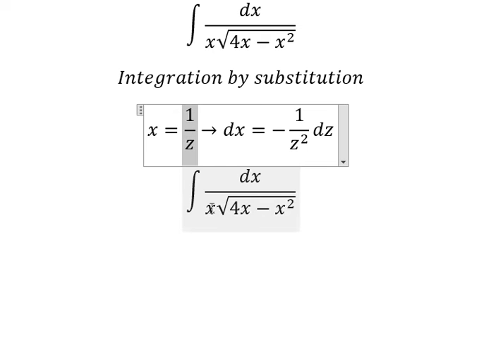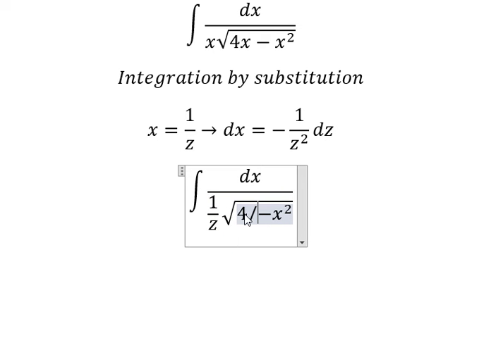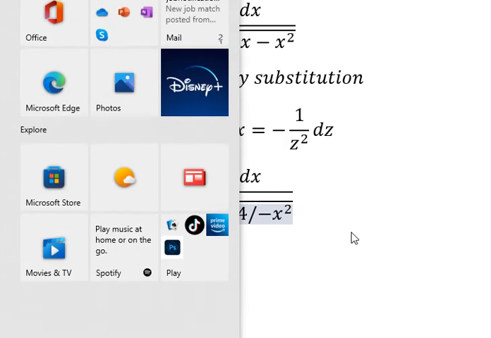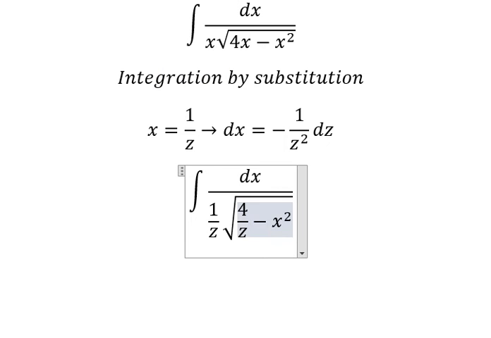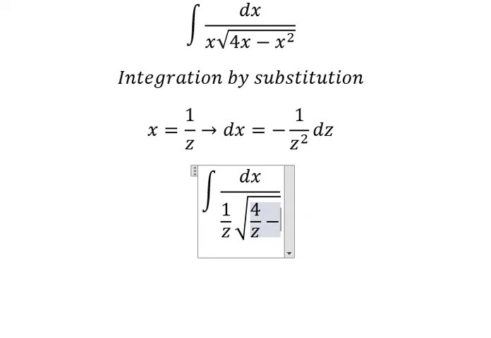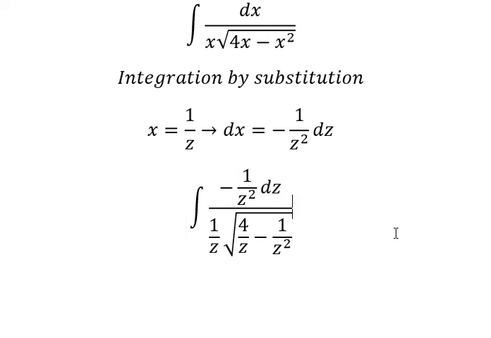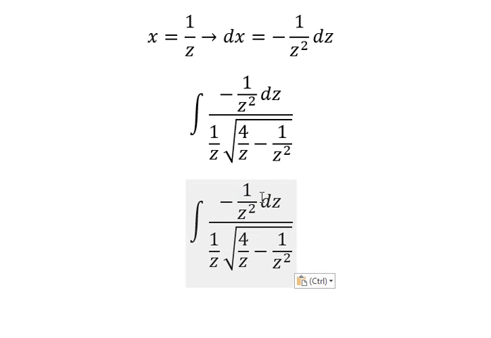So this one I will change for x. About the x, we change by this one. Now we need to simplify 1 over z on the numerator and denominator.